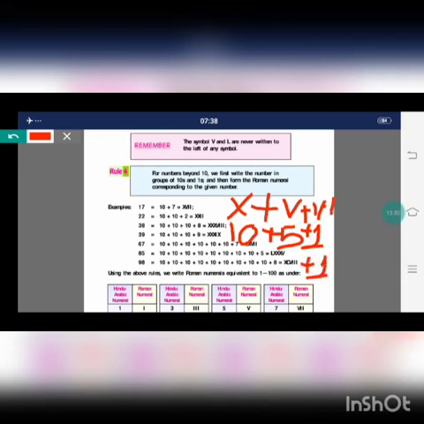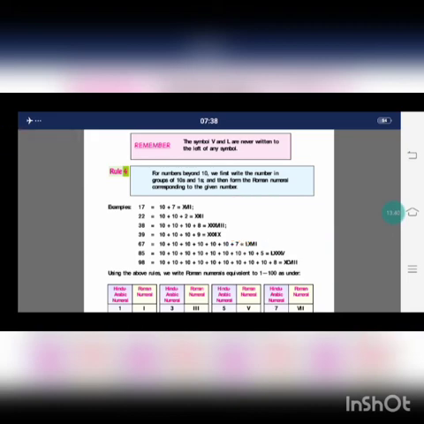So 10 plus 5 is 15, then 1 is 16, and then 17. So how can we write it? We write 17 as XVII.